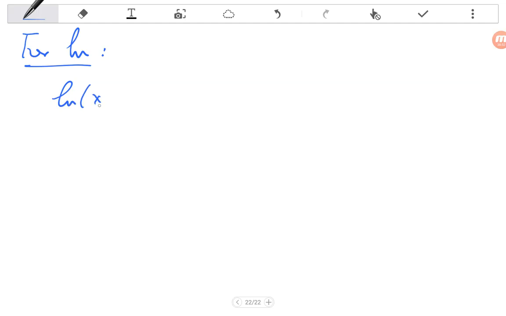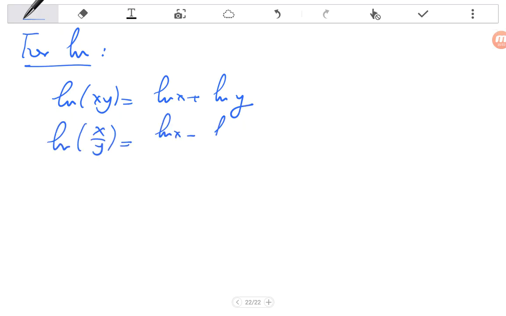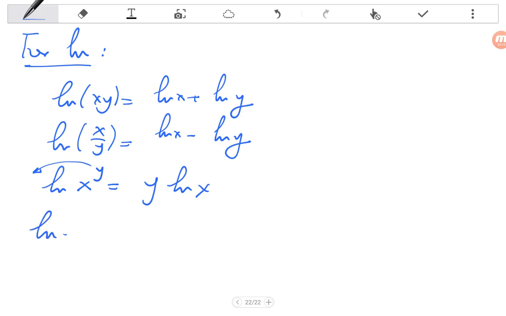For example, ln of a multiplication is the addition of the lns, and if you have a division, it will just be ln x minus ln y, and if you have an exponent, ln x power y, we just take that y before the ln, so it will just be y ln x. And you need to remember that ln e power x, these two cancel each other, that will give an x, and e power ln x, these two cancel each other, that should give me the x.